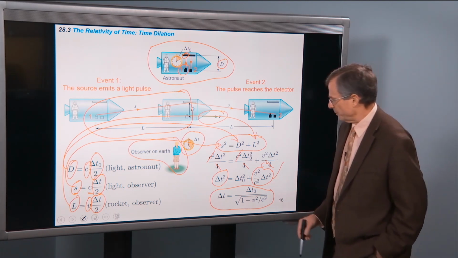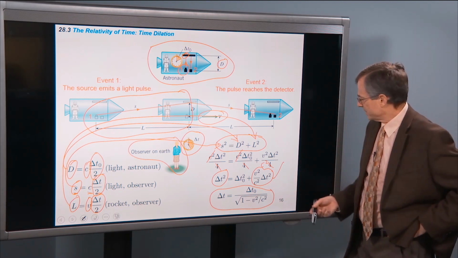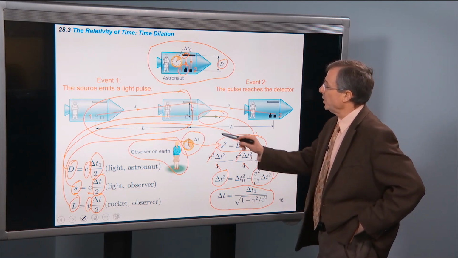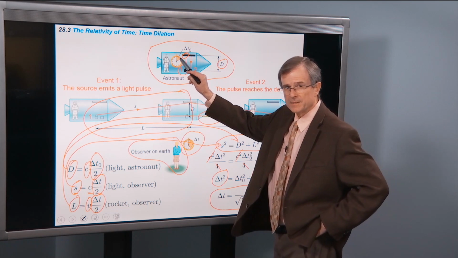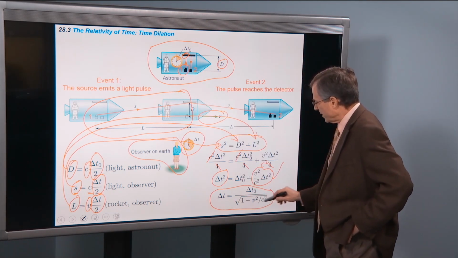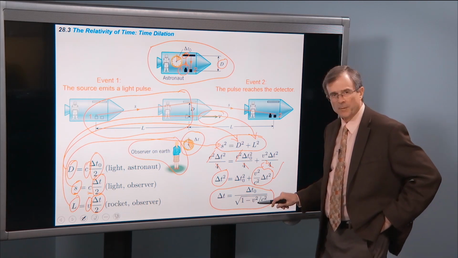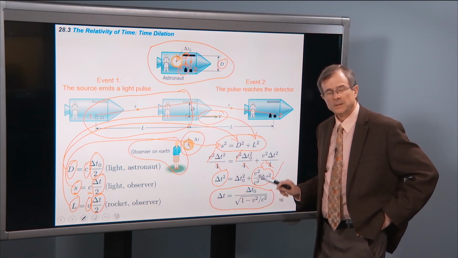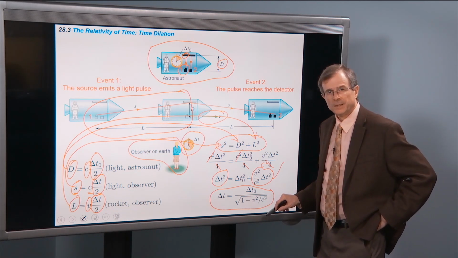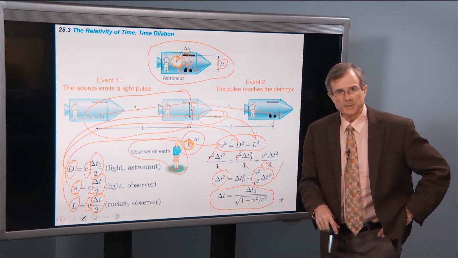And we get this relationship here. Which one's bigger, delta t naught or delta t? Well, we know that delta t naught is the shortest amount of time, and we're going to divide by the square root of 1 minus v squared over c squared. v here, remember, is the rocket speed. c is the speed of light. The rocket speed is going to be less than the speed of light.